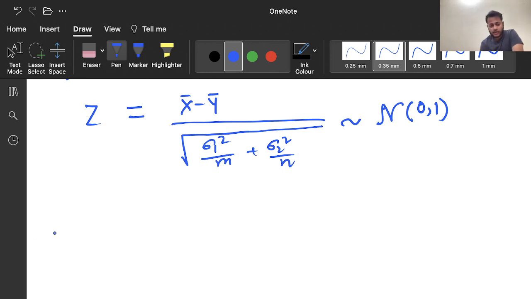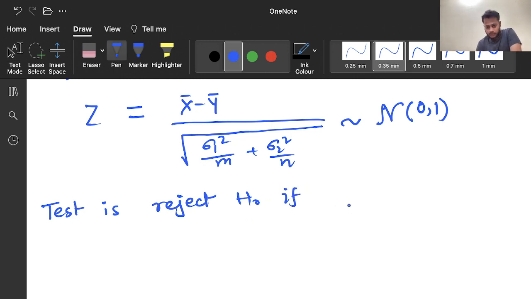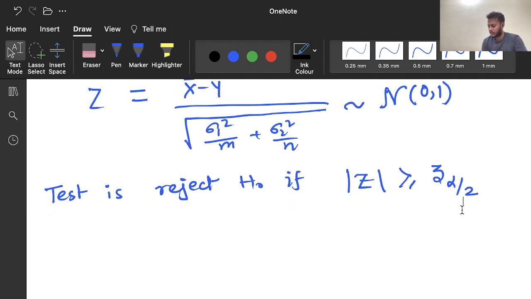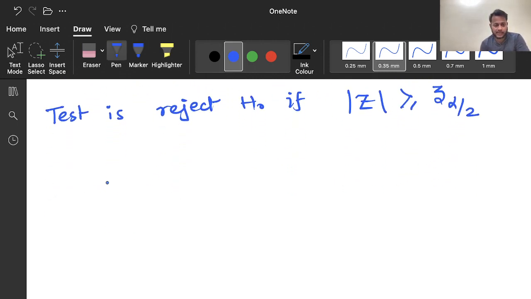So our test is: reject H0 if modulus of z is greater than or equal to z alpha by 2. Now this is the two-sided test. What will be the one-sided test?